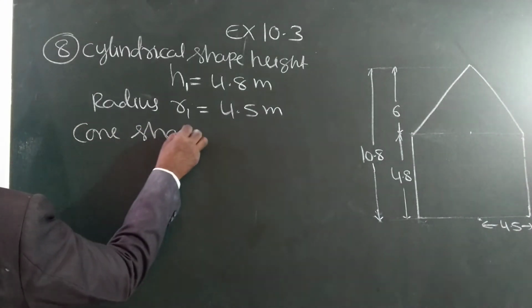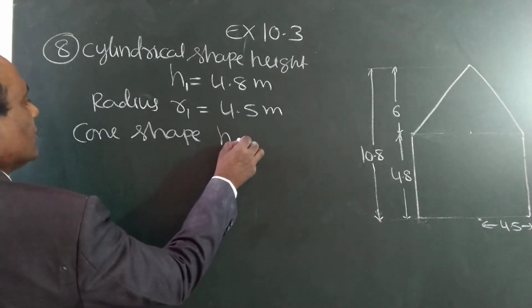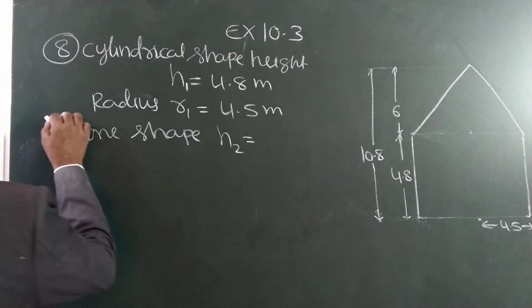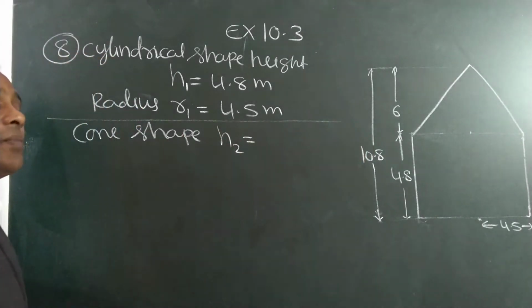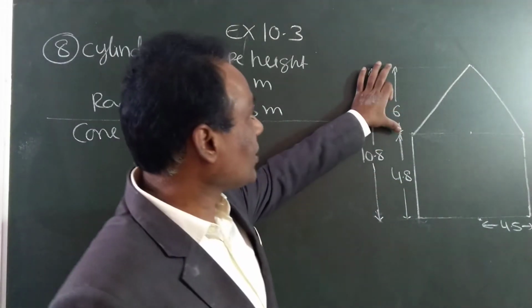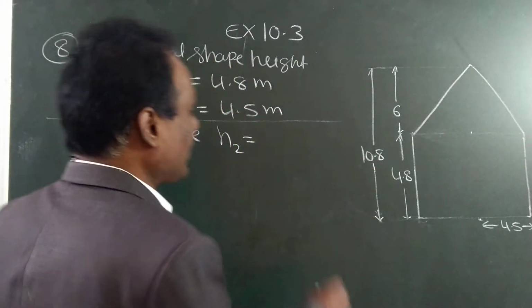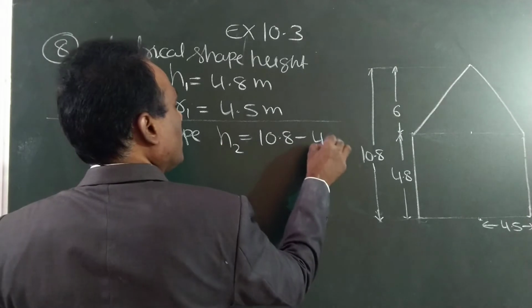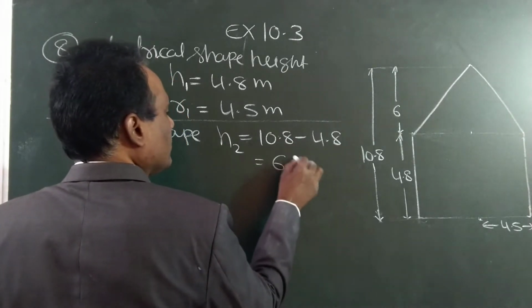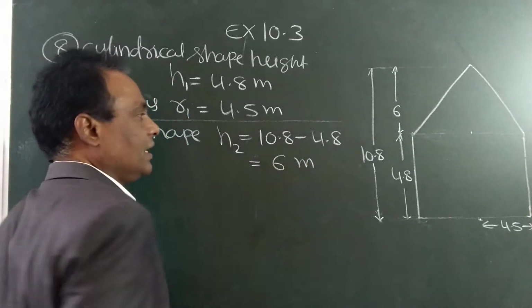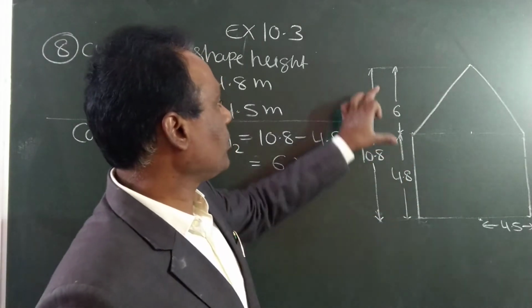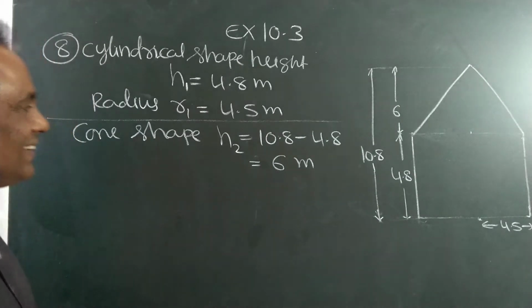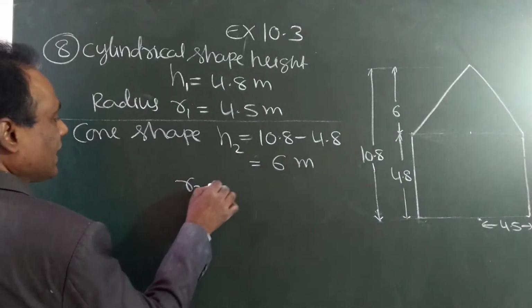Cone shape height, I will use h2 for this. The cylinder shape is over. What is the cone shape height? Total height 10.8 minus 4.8 is equal to 6 meters. Cone shape height is 6 meters. And what is the cone shape radius?